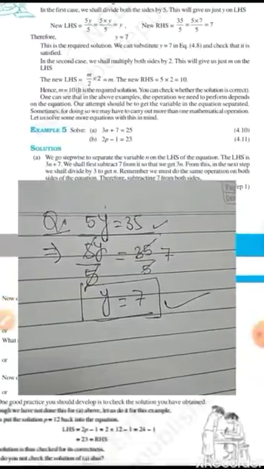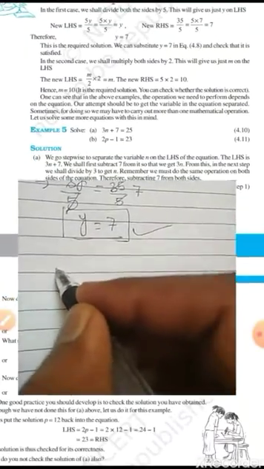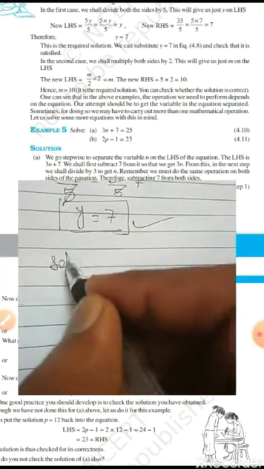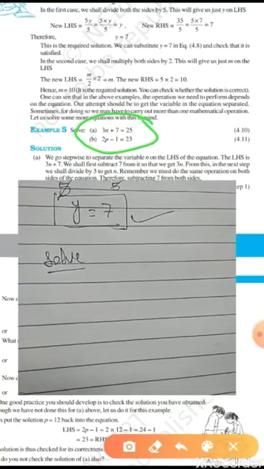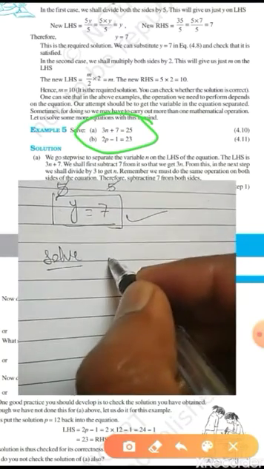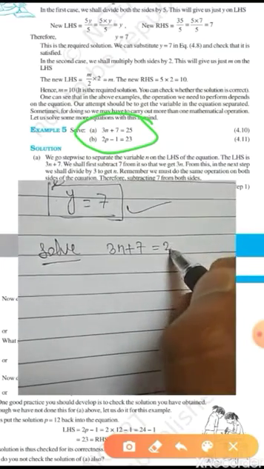Okay, now solve this equation: 3n plus 7 is equal to 25.